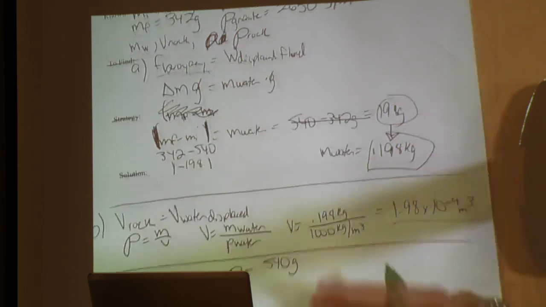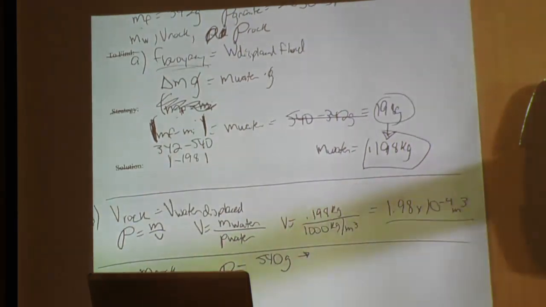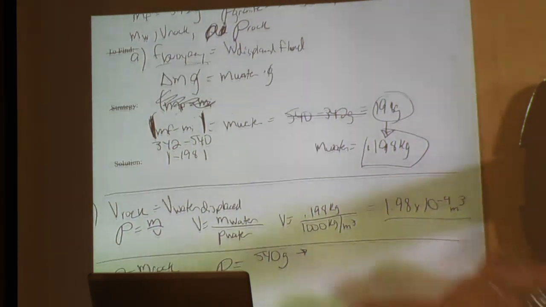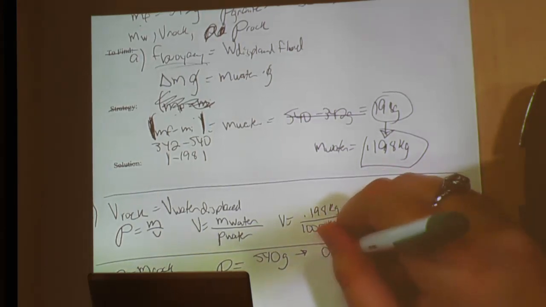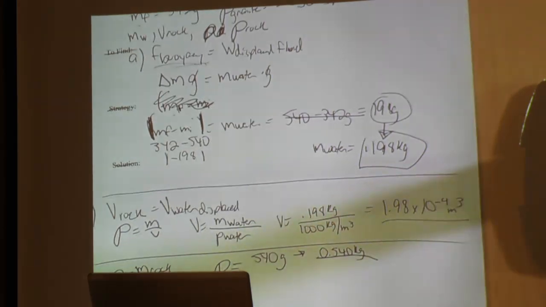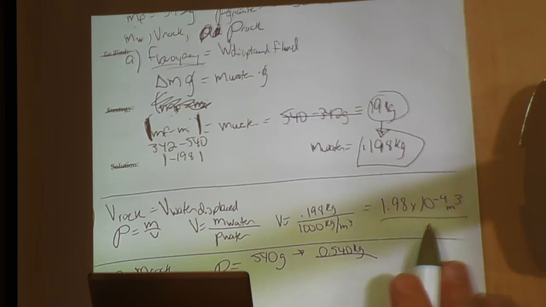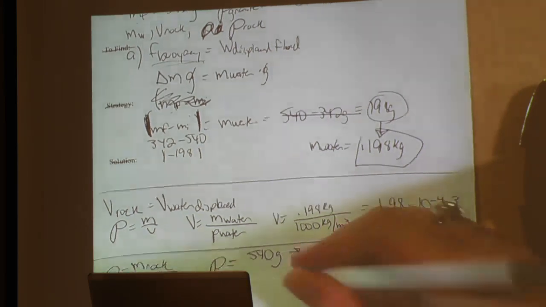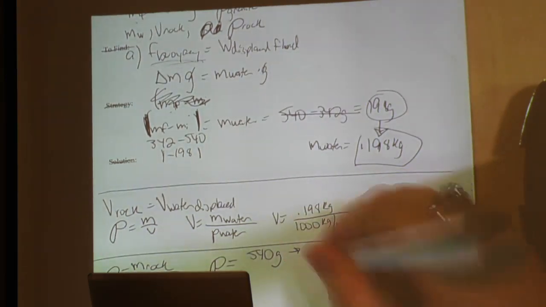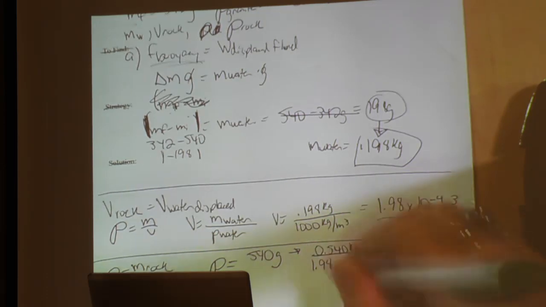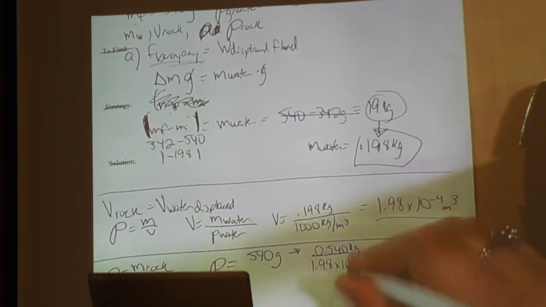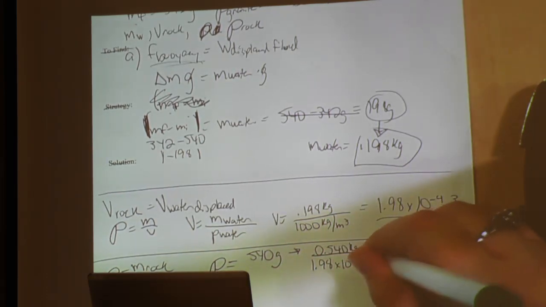We're using the 540 grams because that is the mass in the air. So we do need to convert this to kilograms though because our SI unit should be kilogram. So that should be 0.540 kilogram all over the volume that we just calculated, 1.98 times 10 to the negative fourth meters cubed.